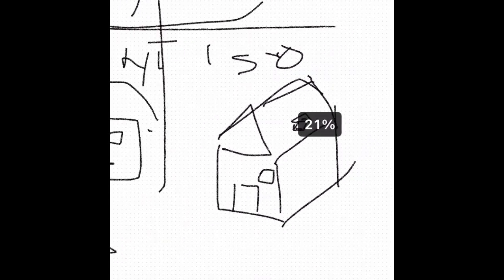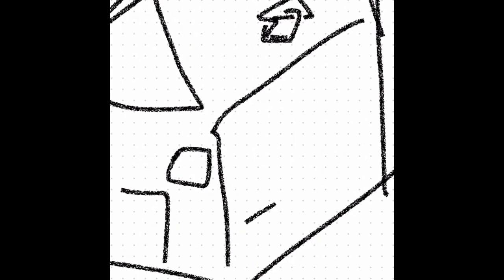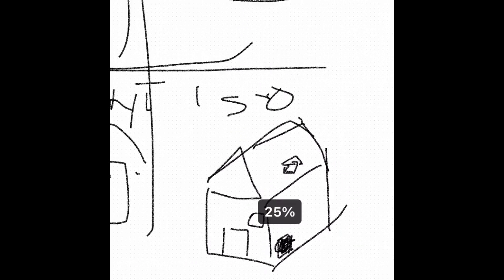You got the vent. They're always like a triangle or something. And you got your gas or box vent. No, it's just like a gas box. I don't know. Got your window up here too.